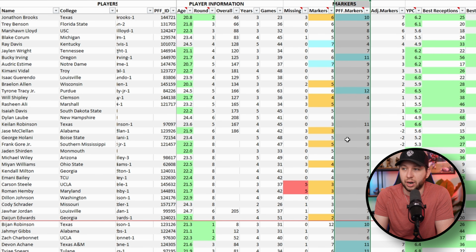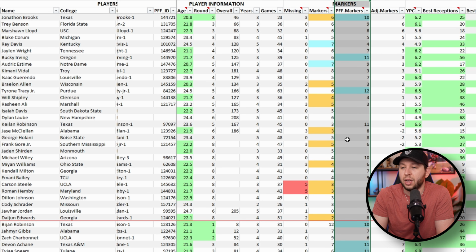And usually targets are a wide receiver's earned skill. So if you're able to be that good on a per route basis and separate that well, generally that should lead to more success. That should lead to more targets, which leads to more receptions, more yards, more touchdowns, more fantasy points, if you are that much better than everybody else on the field.